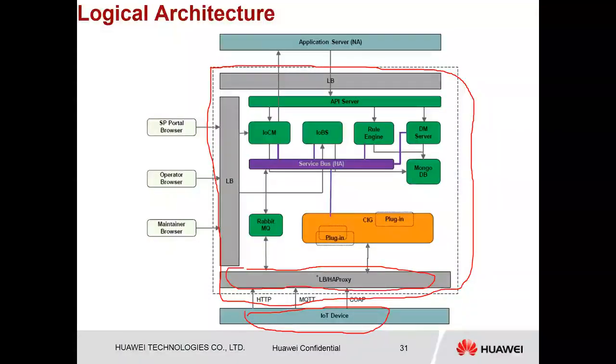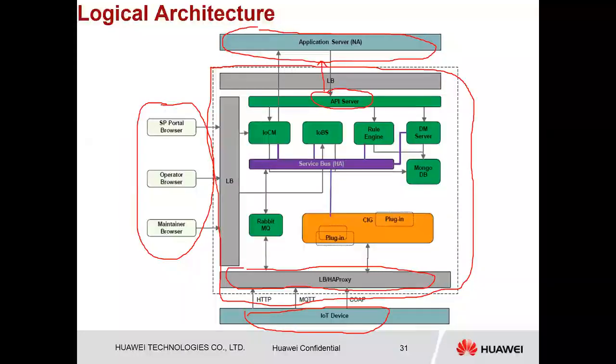It has the balance service and can help us access different devices. This one is for the application server. We also have the API server, which can help us connect to the others. And the left side has three types of portals. It can also connect.